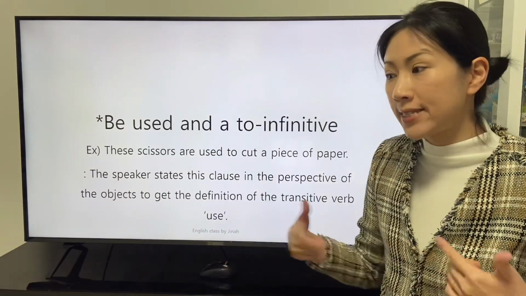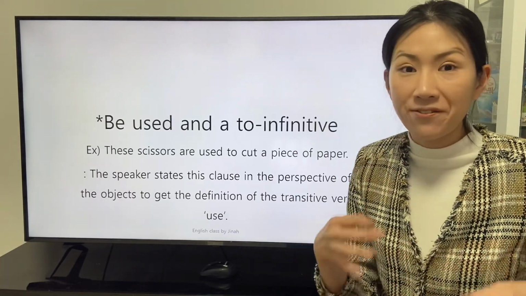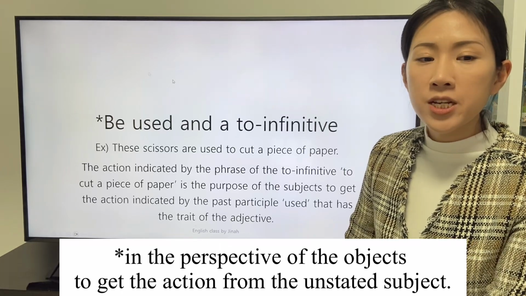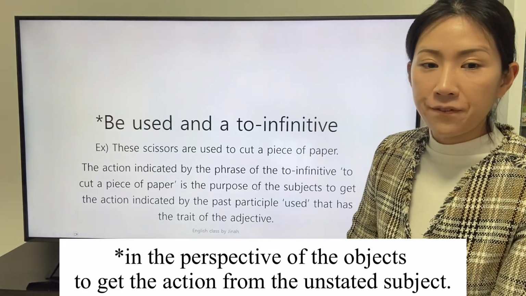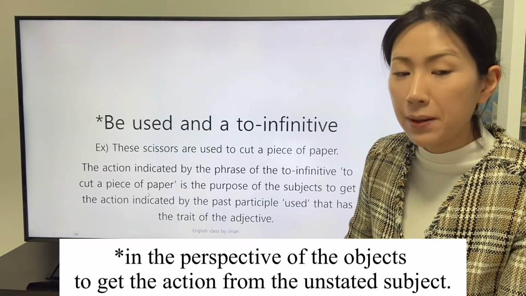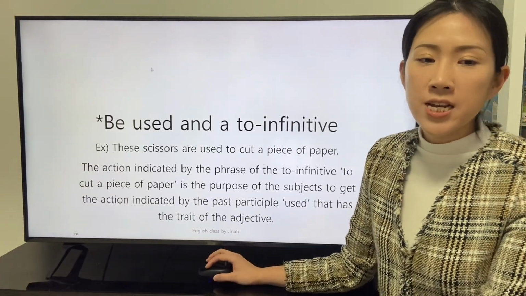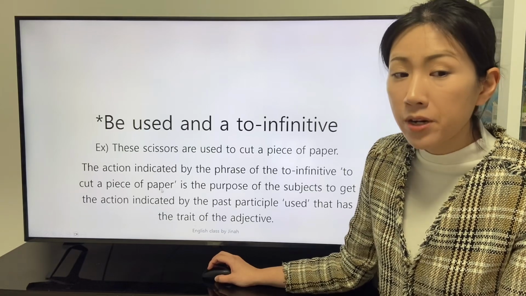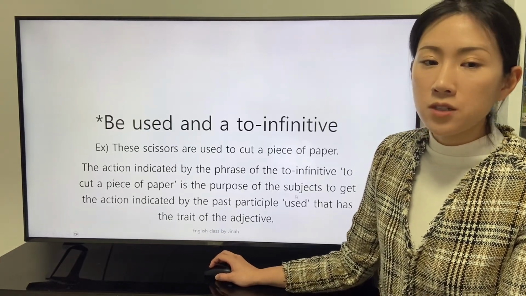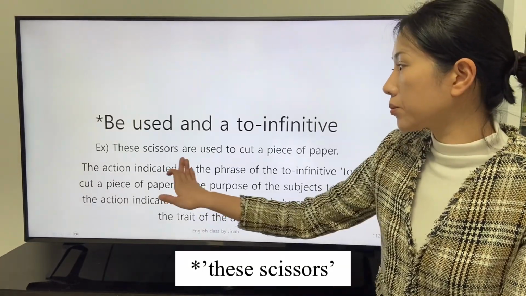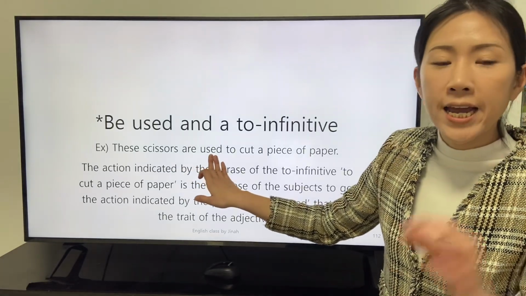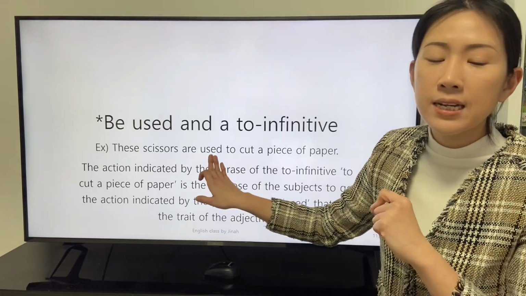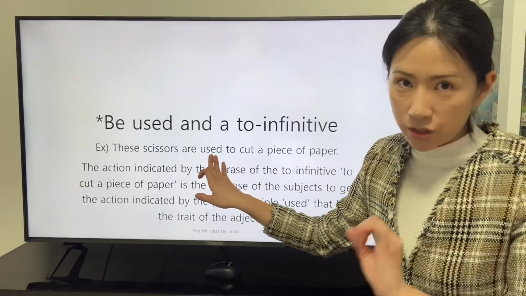This clause is stated in the passive voice. The action indicated by the to-infinitive phrase, to cut a piece of paper, is the purpose of the subject, to get the action indicated by the past participle used, which has the trait of an adjective.